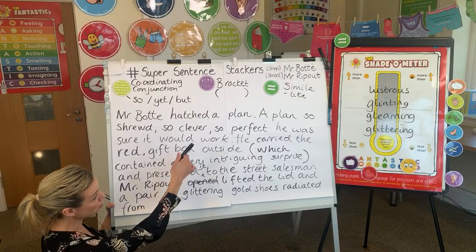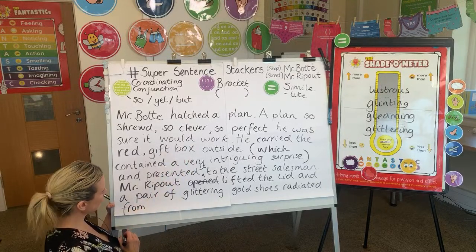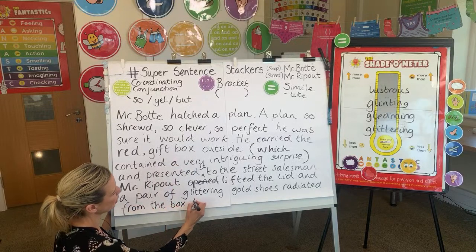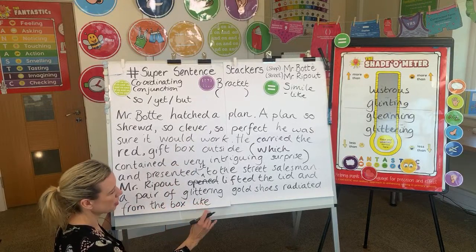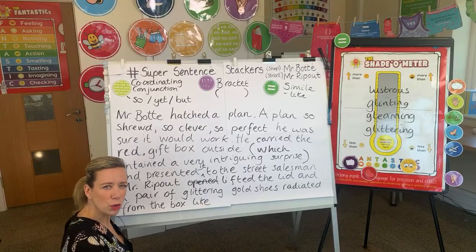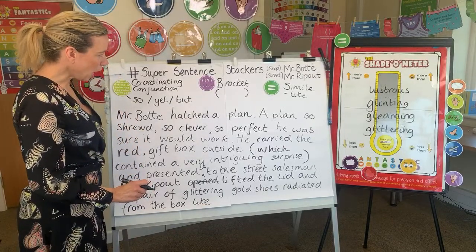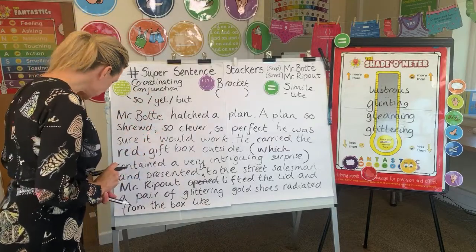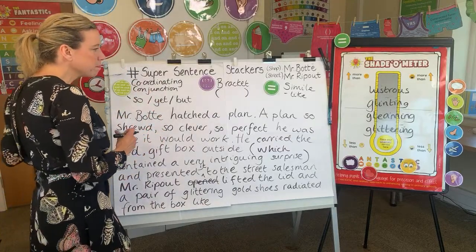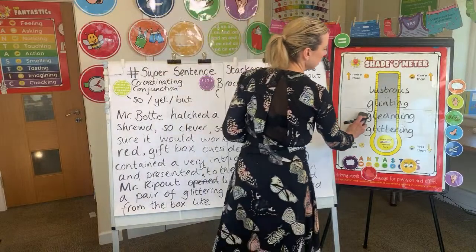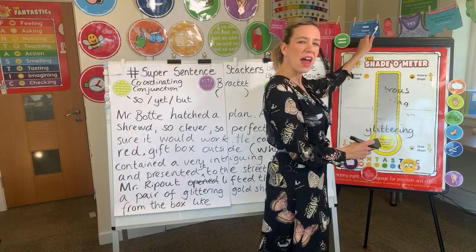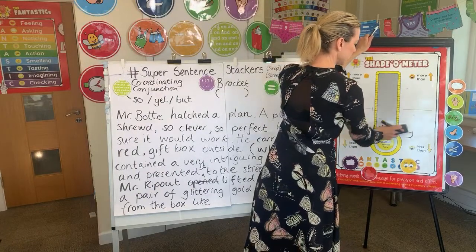Oh, have a go at my simile now. Radiated from the box like. Before I can do this simile, I need to think of other things in the world that are gold. Let me have a little think. A necklace.